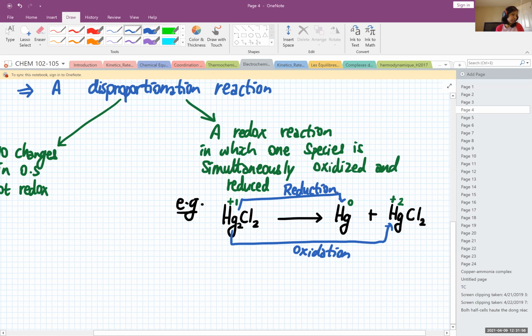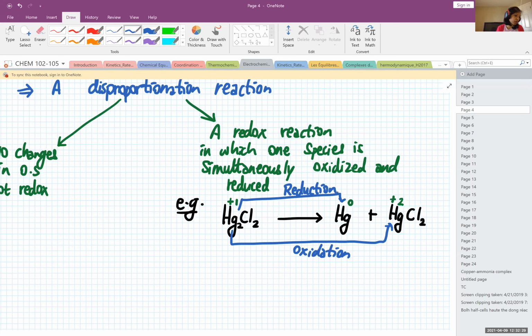Another example is, remember I did this demo where I used hydrogen peroxide. The reaction was catalyzed to form water and oxygen. So if you write the equation for that reaction, H2O2 giving H2O and O2, you will see that oxygen goes from having a -1 oxidation state in hydrogen peroxide to a 0 oxidation state in oxygen and to a -2 in water.